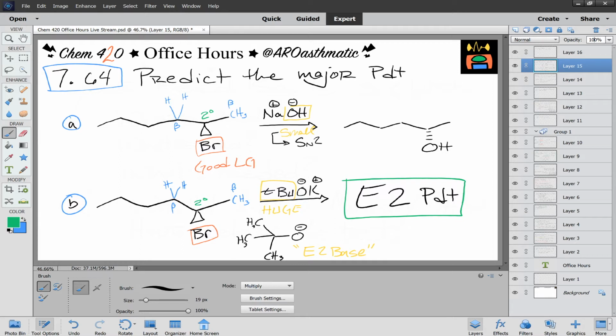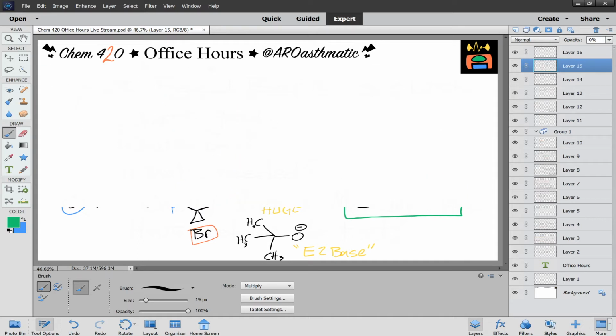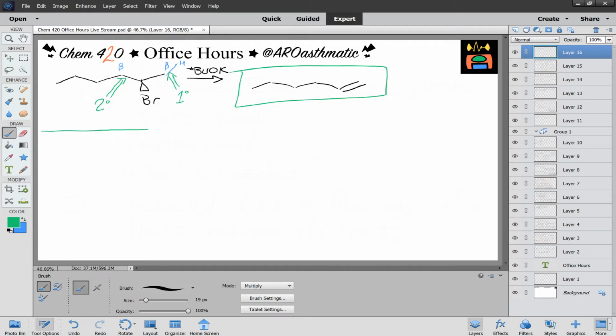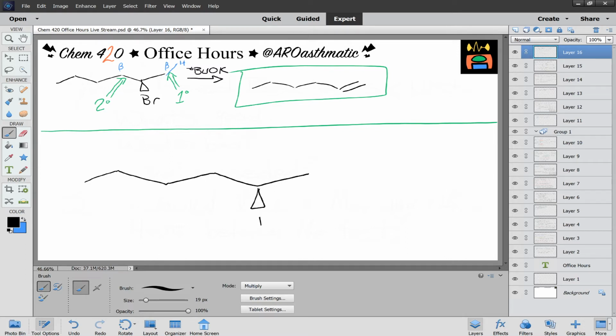Yeah, so Irving, you totally could get a Zaitsev product for part A. But again, because the nucleophile is small, when you're looking to explain the nucleophile's behavior, when you look at the substrate, bromide is going to have a partial negative, and the carbon bearing the bromide will have a partial positive.